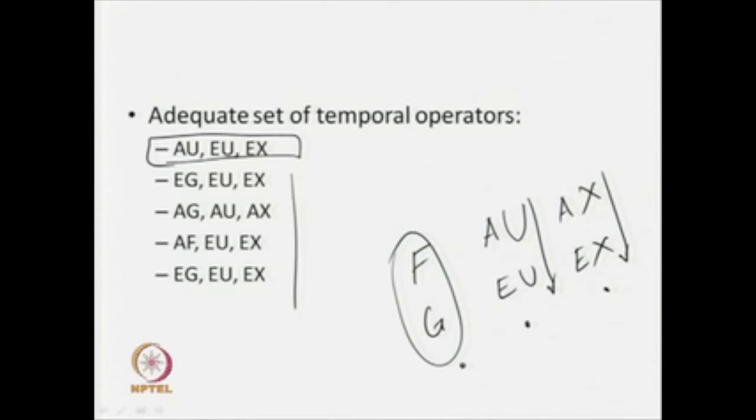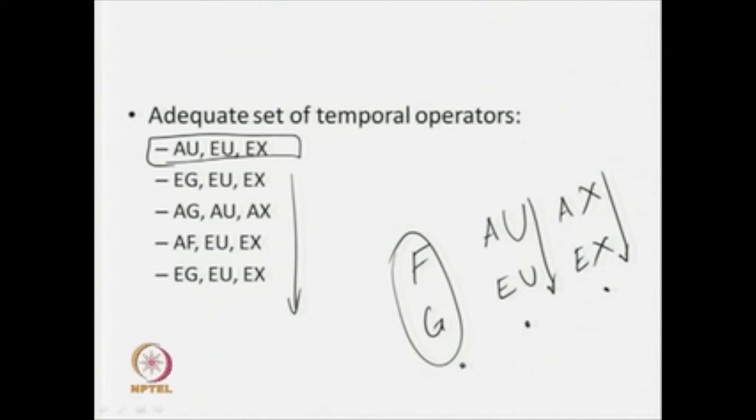That is why we are just listing some of them, say these are treated as adequate sets of operators. Taking one EX, taking one EU, and taking just one thing, EG, because if I take EG, then it can be expressed with AF, and once we have the AF, we can express it with the help of until.